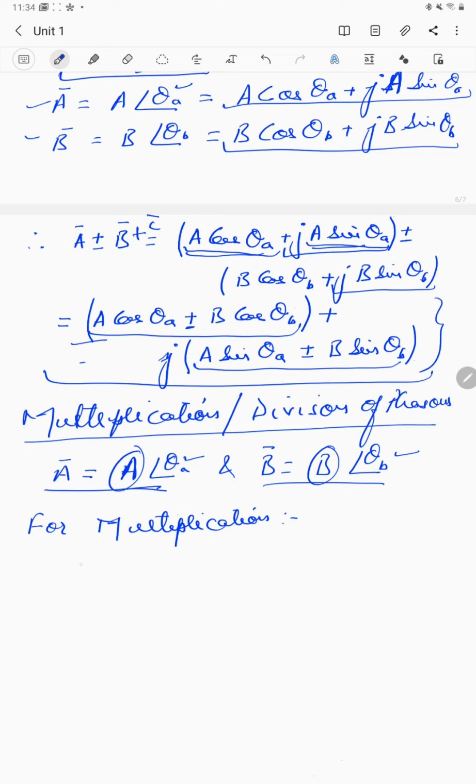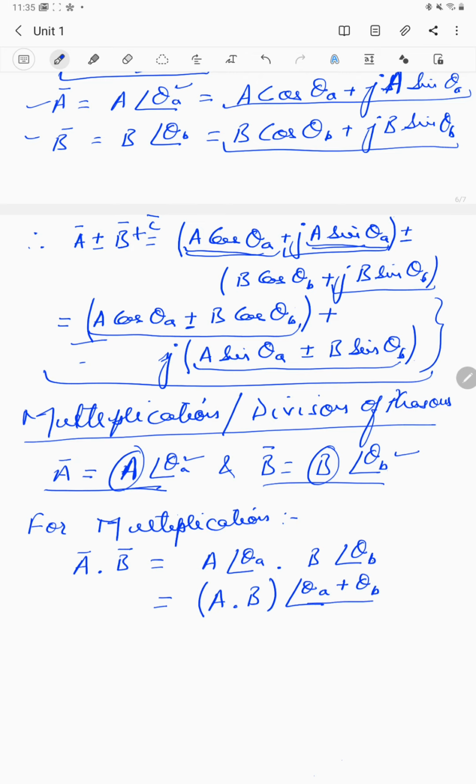Okay, so A phasor multiplied by B phasor, this will become A angle theta A times B angle theta B, which equals A times B, angle theta A plus theta B.